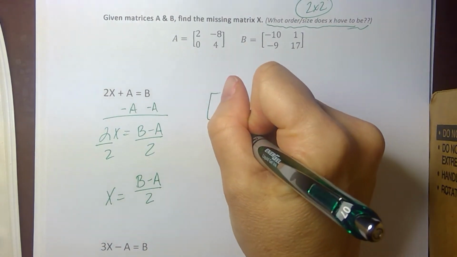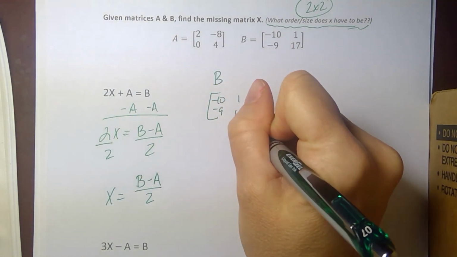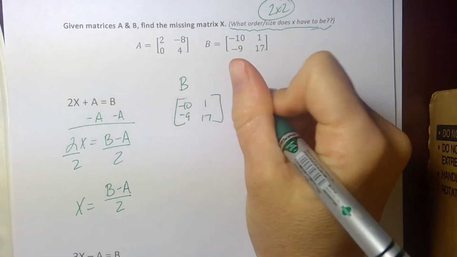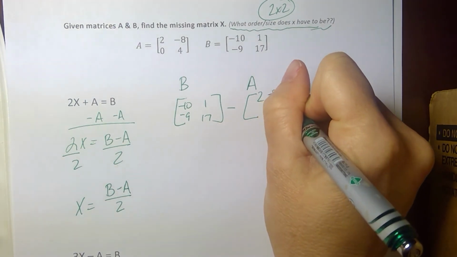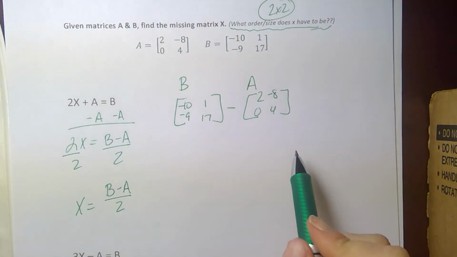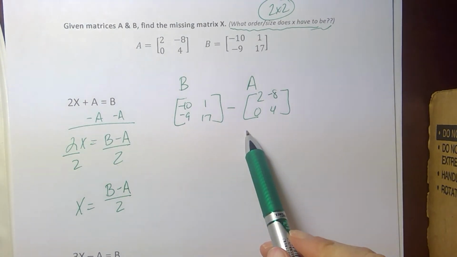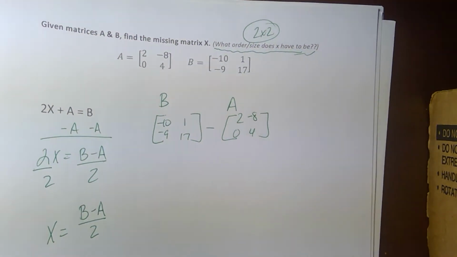So if I have B as negative 10, 1, negative 9, 17, and then I subtract A, which is 2, negative 8, 0, 4. I want to do that subtraction, and then for each element that I get of the result, I'm going to divide that element value by 2. We'll go ahead and do it in 2 steps here.